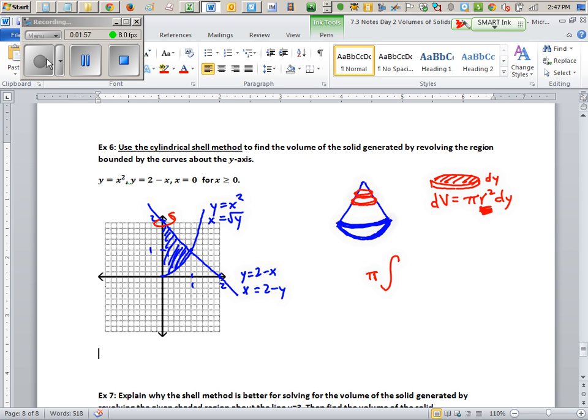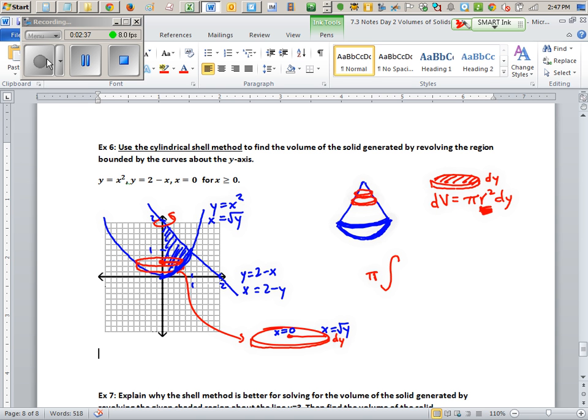So for some of the disks, let's go ahead and go back to our graph over here. For some of these disks, when you draw them, they look like this. And the radius is between x equals 0 and the curve x equals root y, because it's connected to the curved surface, and the height is dy.